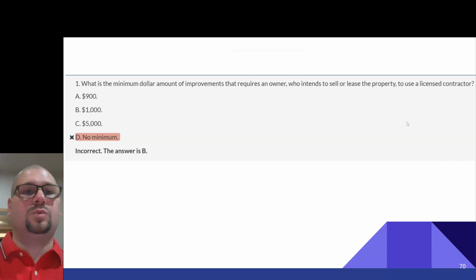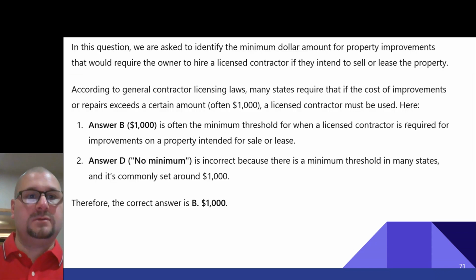Okay, what is the minimum dollar amount of improvements that requires an owner who intends to sell or lease the property to use a licensed contractor? Bravo, $1,000.